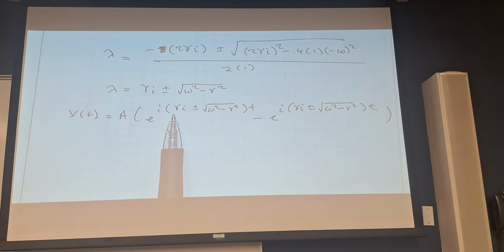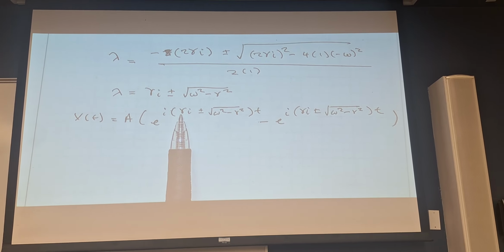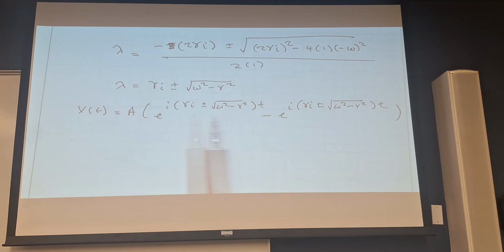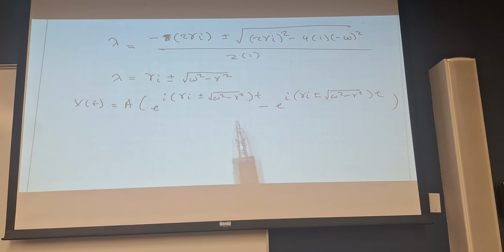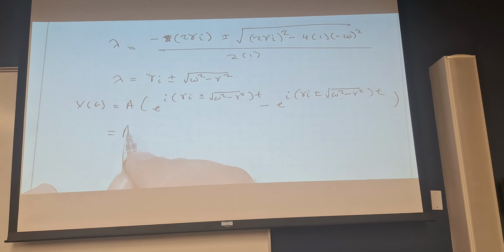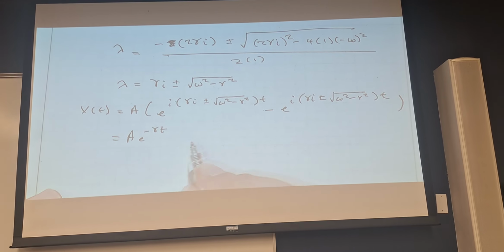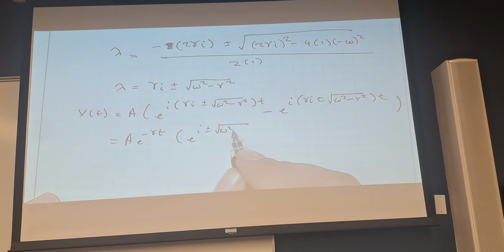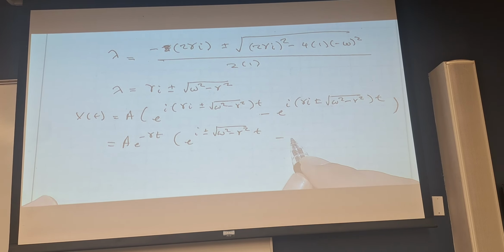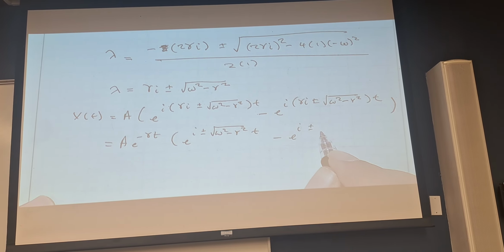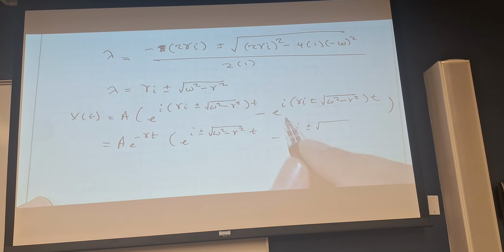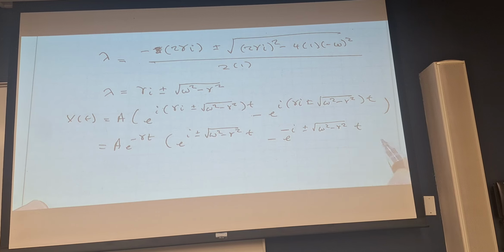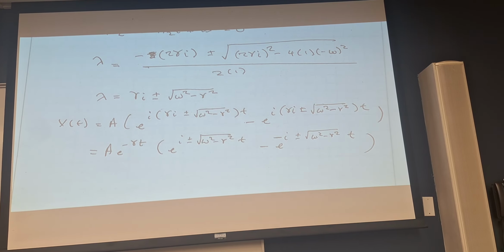Notice when we multiply this i out here, we get a minus gamma t on both these terms. We can factor it out. So we have e to the minus gamma t times e to the i plus or minus square root omega squared minus gamma squared t, minus e to the i plus or minus square root omega squared minus gamma squared t.